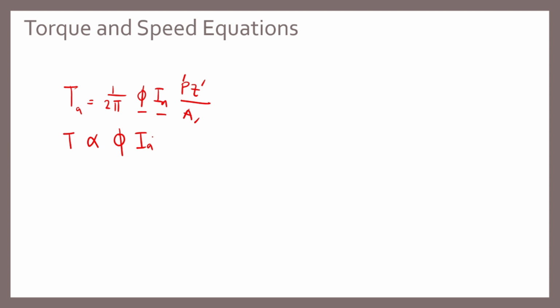Now, we also have equations or relationships that are useful in solving different problems, especially if the problem has two scenarios, for example, no load, then full load. So we will use N is directly proportional to the back EMF over the flux. This is from the EMF equation, P N Z over 60A.